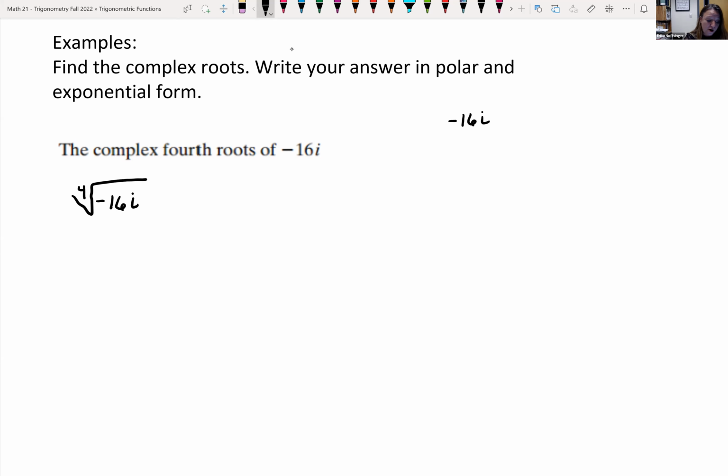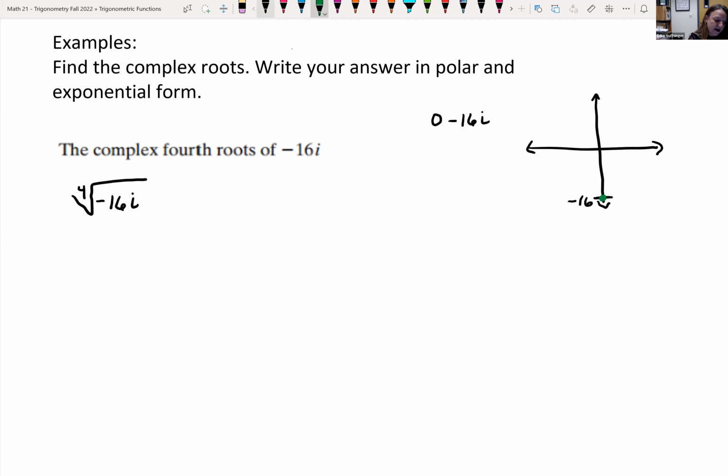So really my real part here is 0, and my imaginary part here is -16. And so if I plot this point, well, I'm not going left or right because my real part is the horizontal axis. I'm going down 16 because my vertical axis is my imaginary axis. So my point is lying here on that vertical axis.